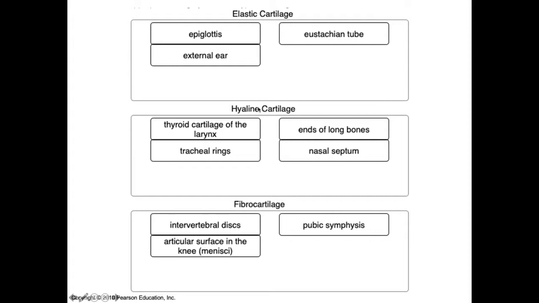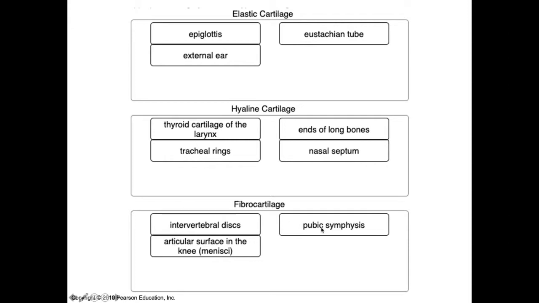Hyaline cartilage. The hyaline cartilage is found at the ends of the bones. It's found around the trachea, around the tracheal rings. That's hyaline cartilage. It's also found in the thyroid cartilage, known as the Adam's apple, and then the nasal septum.